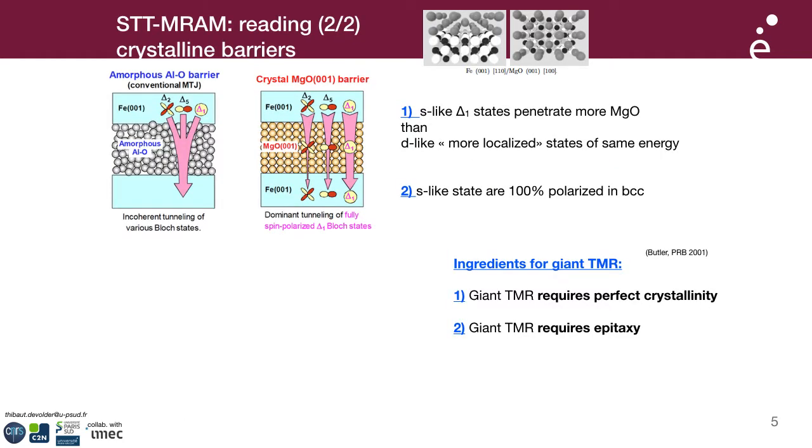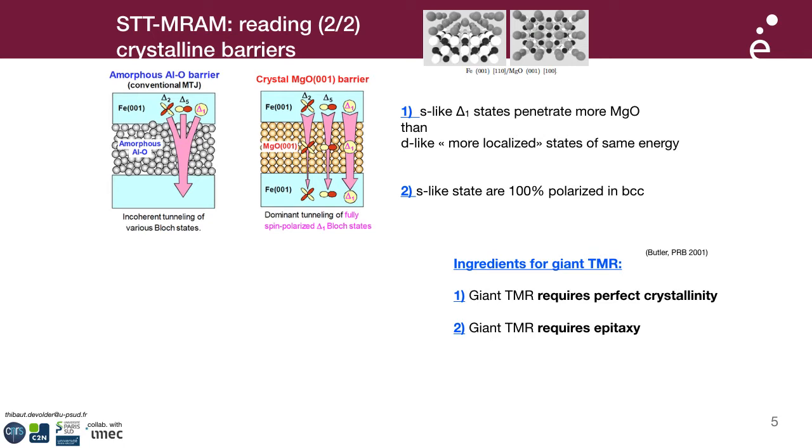It was realized in 2004 and predicted some time ago by Butler and co-workers in 2001 that if instead of using an amorphous barrier you use a crystalline barrier, then you could get a much better magnetoresistance. And the reason is the following.